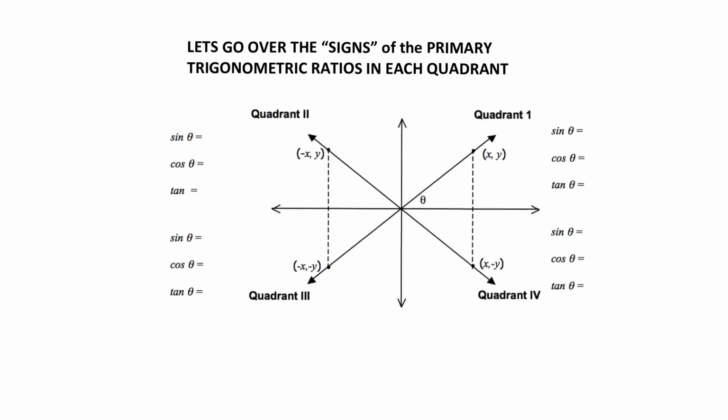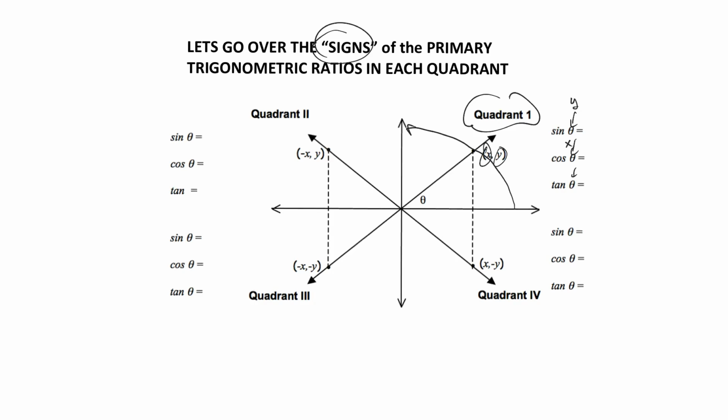So now we're going to look at an overall picture of all quadrants and the signs of the trig ratios. So let's look at quadrant 1 first. Now, if you substitute a number between 0 and 90 degrees, what kind of numbers are you going to get out of the trig ratios? Notice x and y are both positive. And if you recall, sine is related to y and cos is related to x directly.